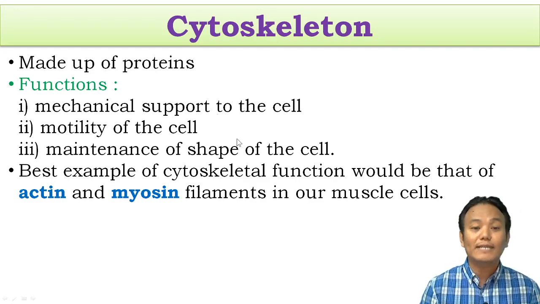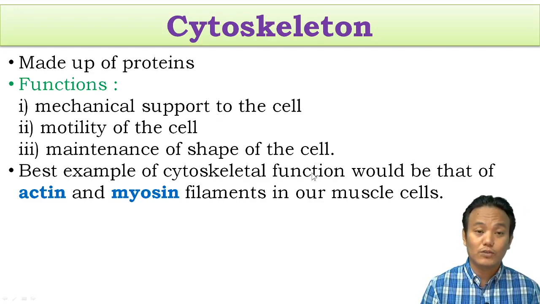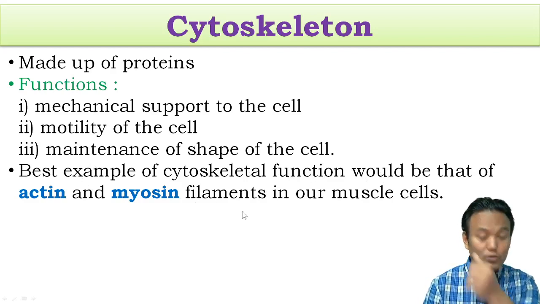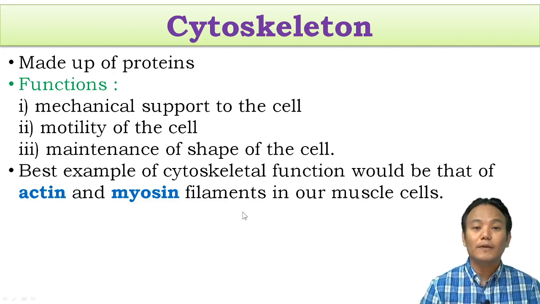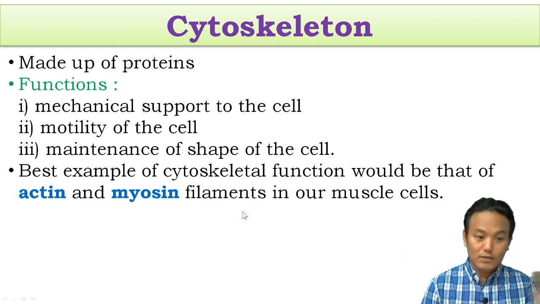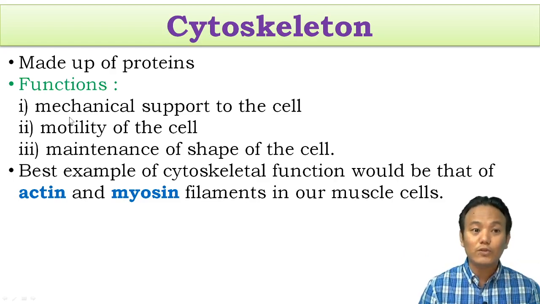Now, one of the best examples of cytoskeletal function would be that of actin and myosin filaments that are present within the muscle cells. In muscle there are lots of filamentous structures, and those filamentous structures are part of the cytoskeletal system.